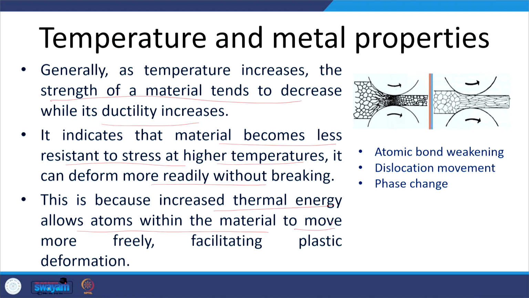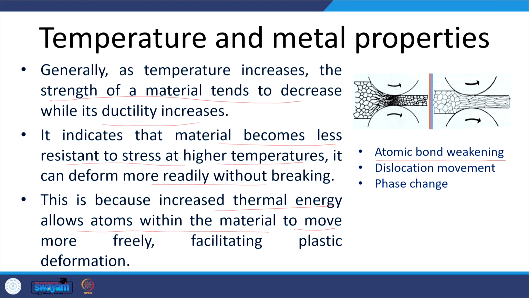This kind of movement happens through deformation mechanisms like slip and twinning. There are three mechanisms attributed to this drop in strength and increase in ductility. One is atomic bond weakening.